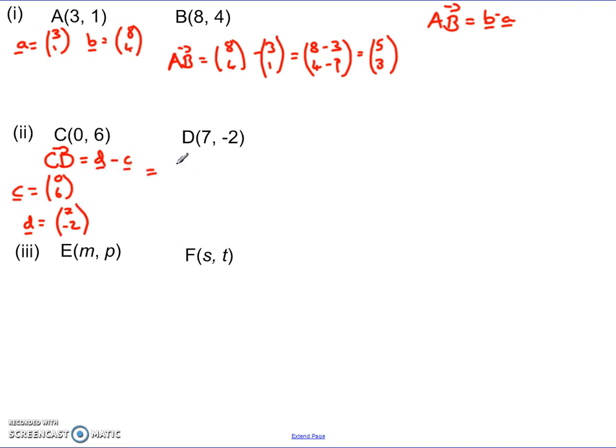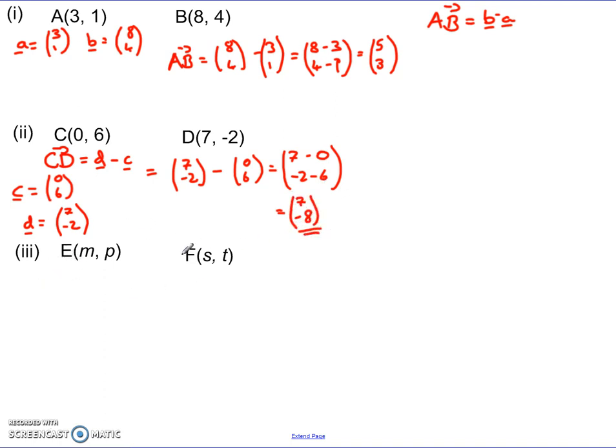So what that means for my CD is (7, -2) take away (0, 6). Again, same as before, the two x parts, top take away each other, and then the two y parts, -2 take away 6, as the bottom part, and we just simplify. 7 minus 0 gives me 7, -2 take away 6 gives me -8. So I've got my answer there.